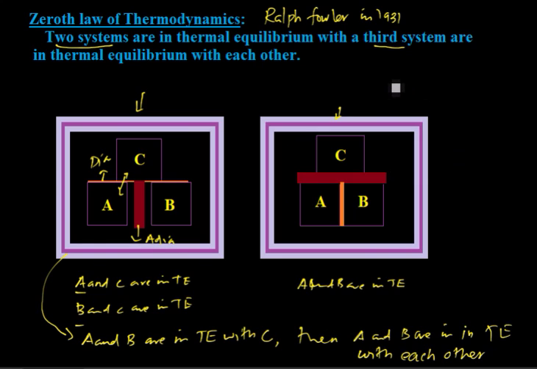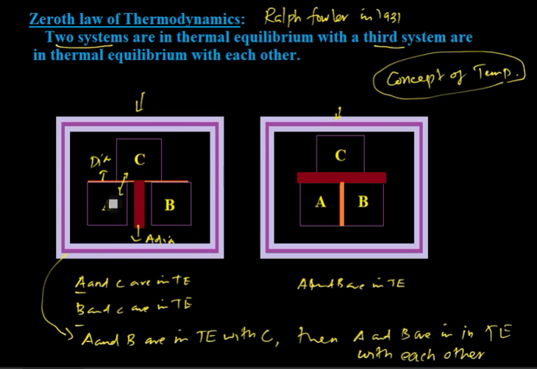So the zeroth law establishes the concept of temperature. The statement of the zeroth law of thermodynamics is that if two systems are separately in thermal equilibrium with a third system, then these two systems are in thermal equilibrium with each other. That is what is pictorially represented here.